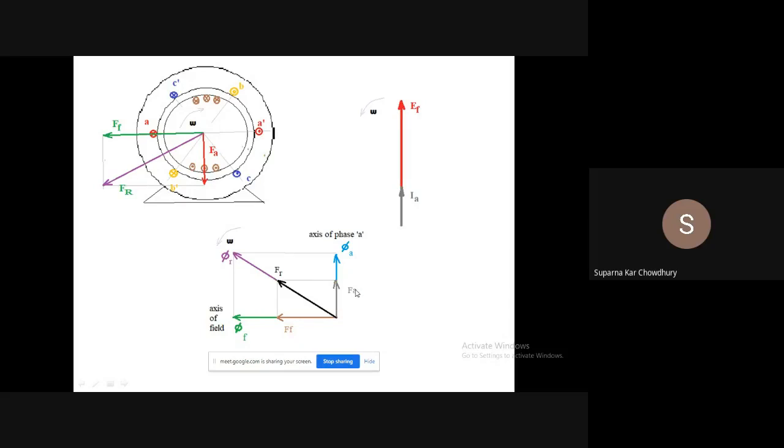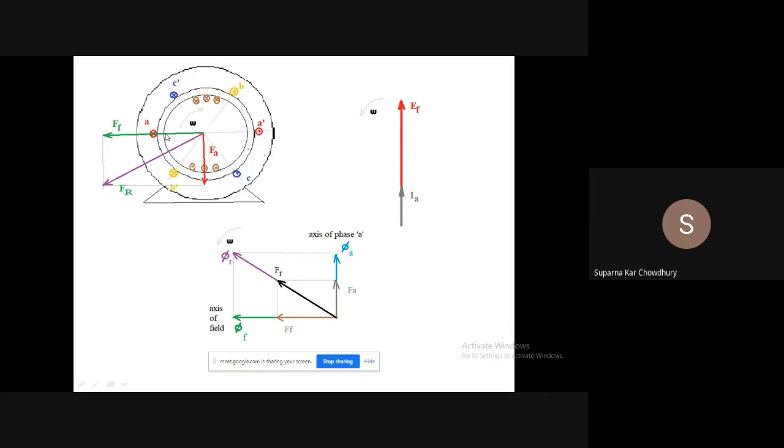Here I have considered clockwise rotation. Now normally when we draw the figure, we consider a counterclockwise rotation. If we draw in that conventional way, if this is Ff, rotating in this direction, then Fa is backward of Ff.